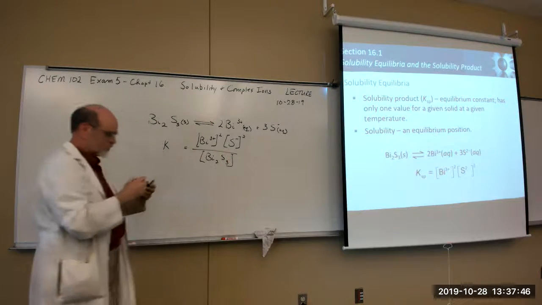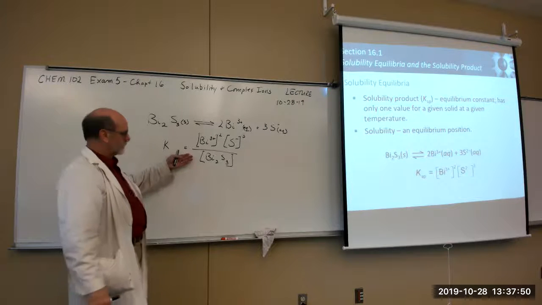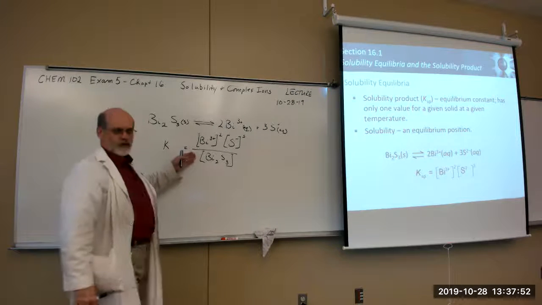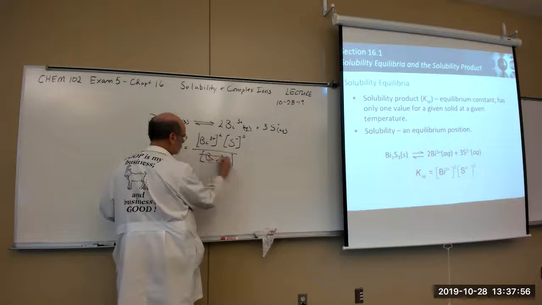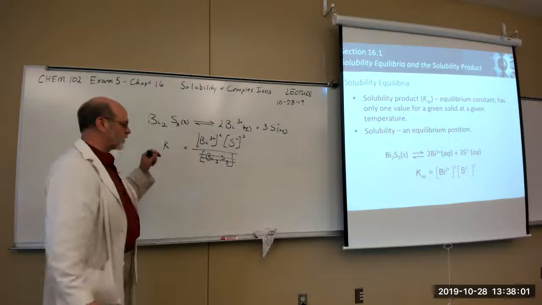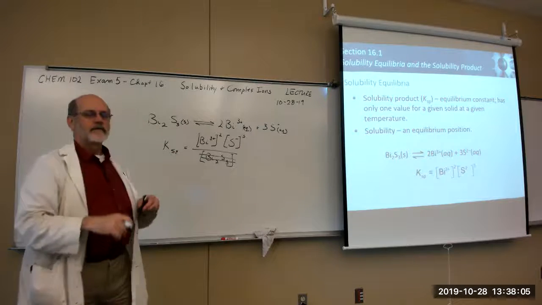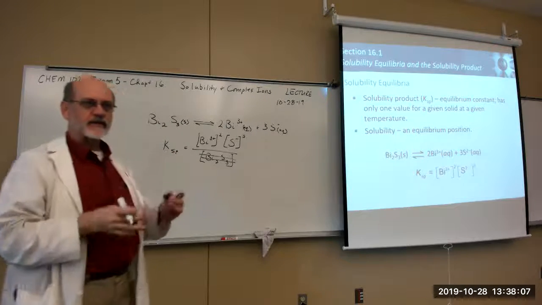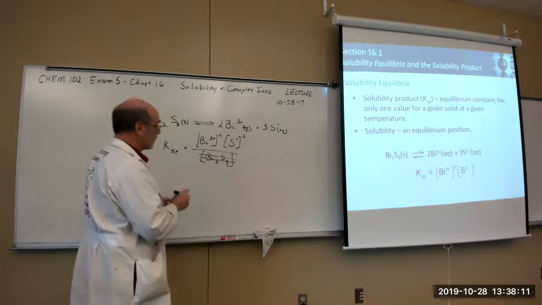So remember what we do with solids and pure liquids. They drop out of the equation. In other words, you don't include the solid. And this is going to be the case for every K which pertains to the dissolution of a solid. Okay?